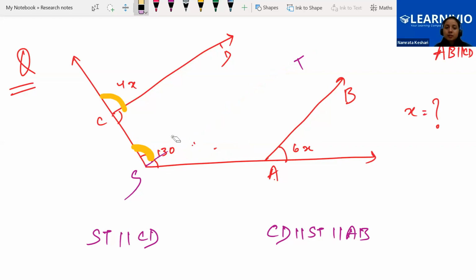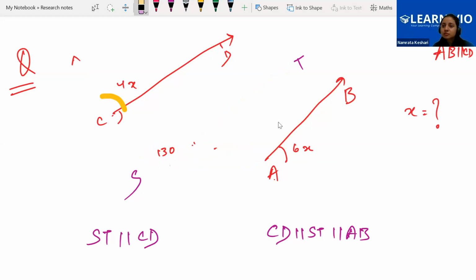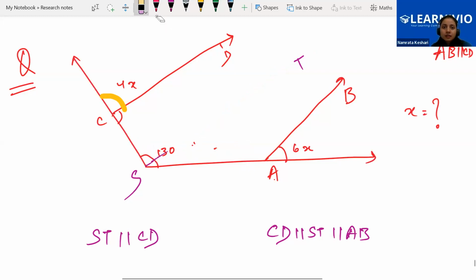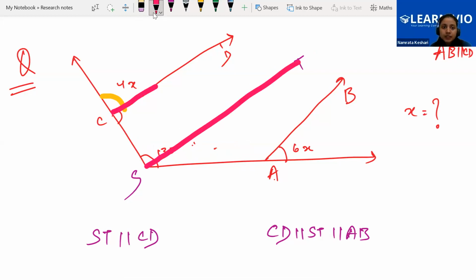Can you see this complete angle was already given to us as 130 degrees? Yes, ma'am. Now from here, if we draw a line parallel to CD, then this is the transversal, right?